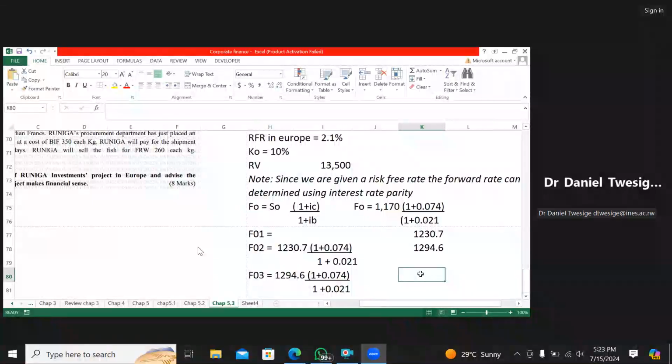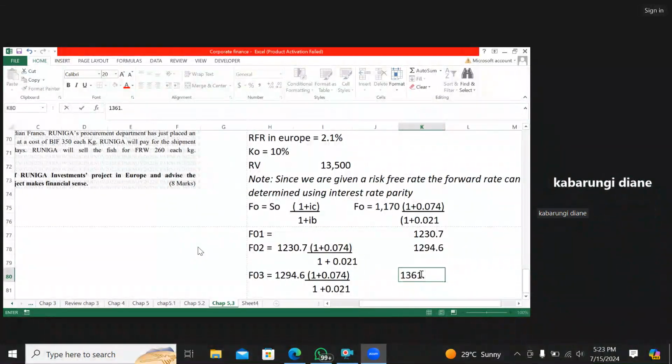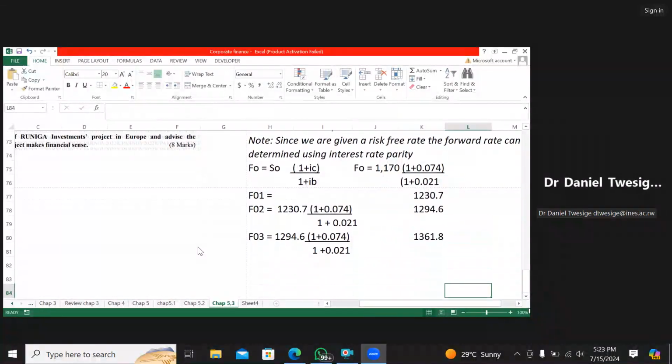It is 1361.8. I think we have everything.